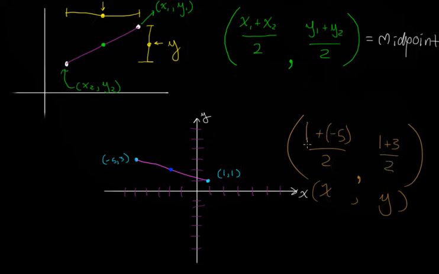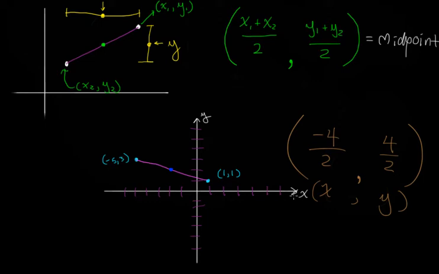So 1 plus negative 5 is the same thing as 1 minus 5, so negative 4 in the numerator. And 1 plus 3 is 4, so 4 up here.